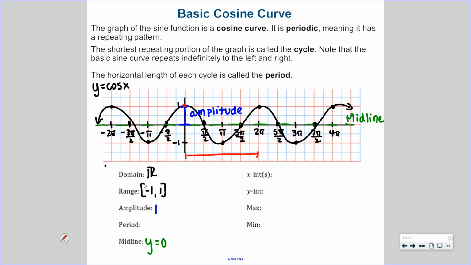Watch what happens. It starts here up at a max, and then at 2 pi, it finishes, and you can almost think of this as the piece that repeats. But that length, that period, is still 2 pi. It just starts at a different location, but I still want you to do this: where it starts and ends.